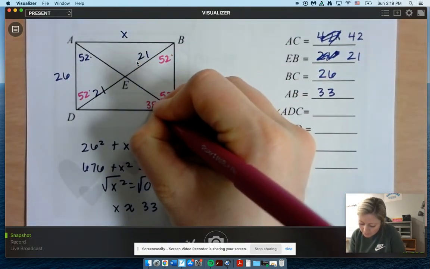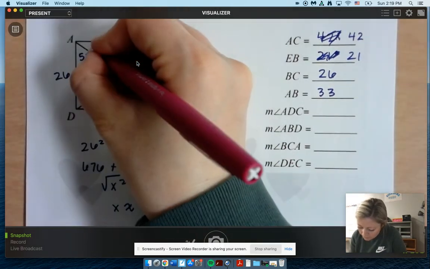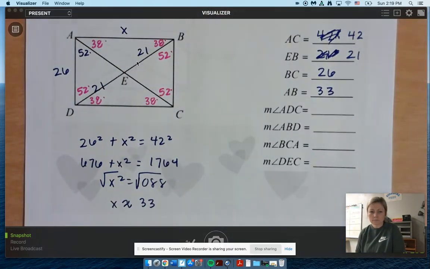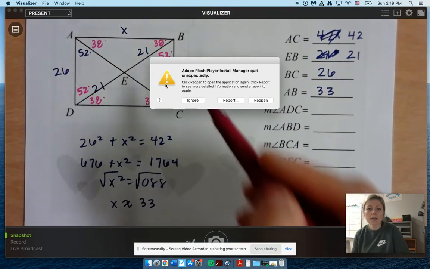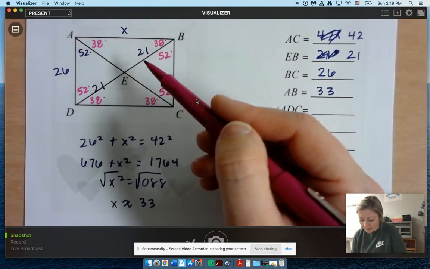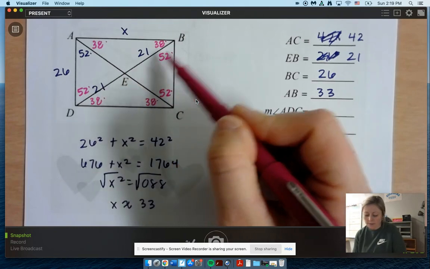So now all those other parts of those corner angles are 38. Sorry, kids. I don't know why this always pops up. Okay. And then lastly, to find like these middle angles, pick a triangle and subtract from 180.